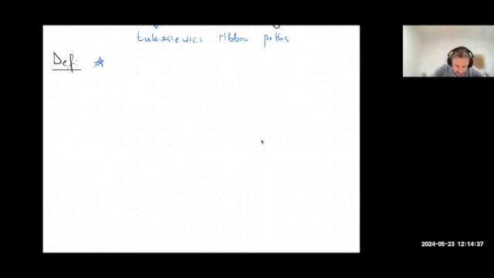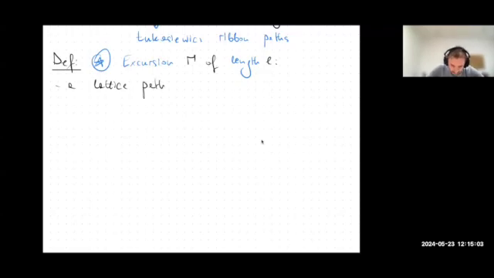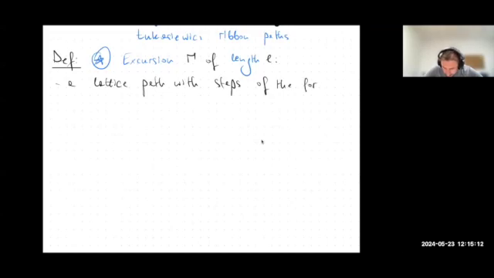In order to do this, I need to introduce several objects. The first object, which is called an excursion gamma of length L, is simply a lattice path with steps of the form (1, k), where k is any integer.